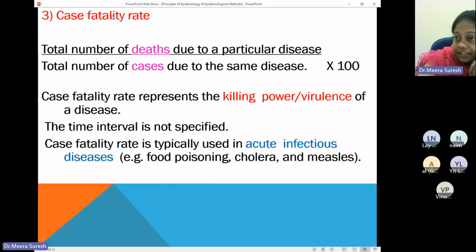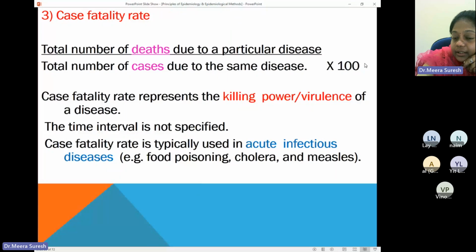Then there is case fatality rate. This one is actually used in case of some epidemic disease or an acute infectious disease that is going on. It indicates the total number of deaths due to a particular disease divided by the total number of cases of the same disease.